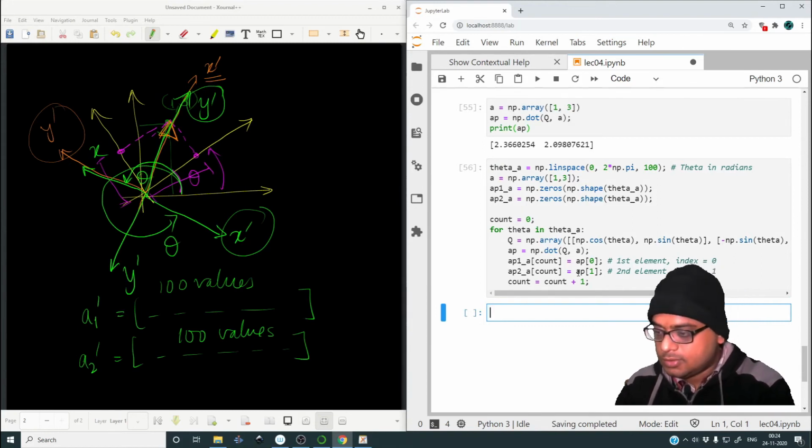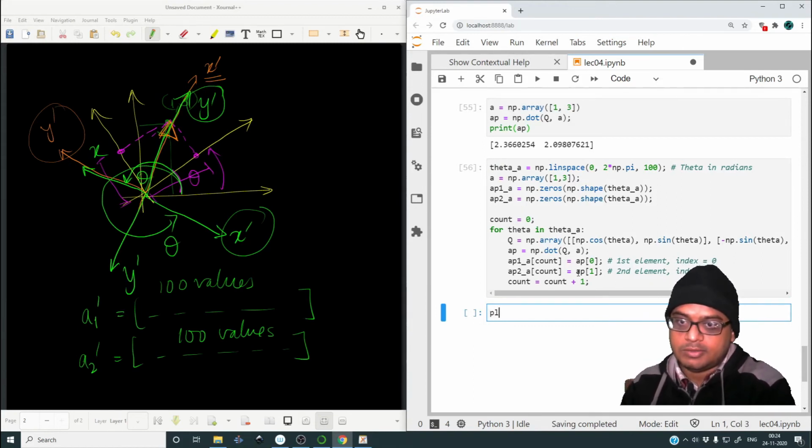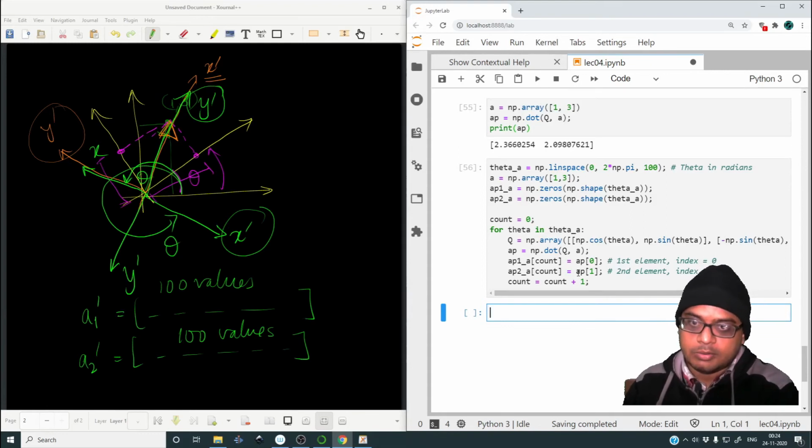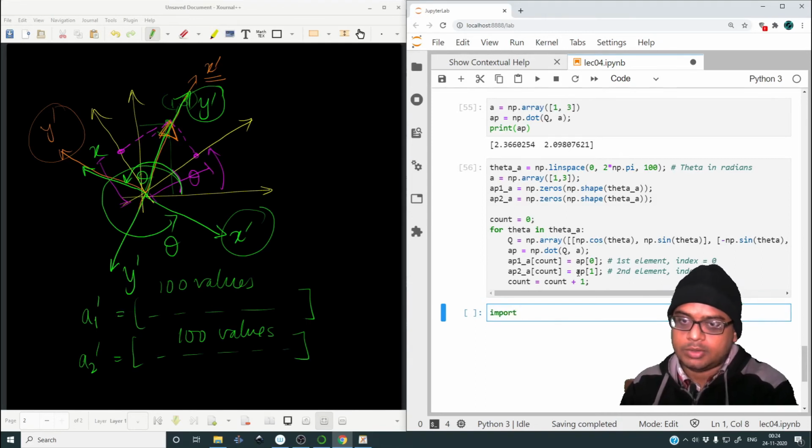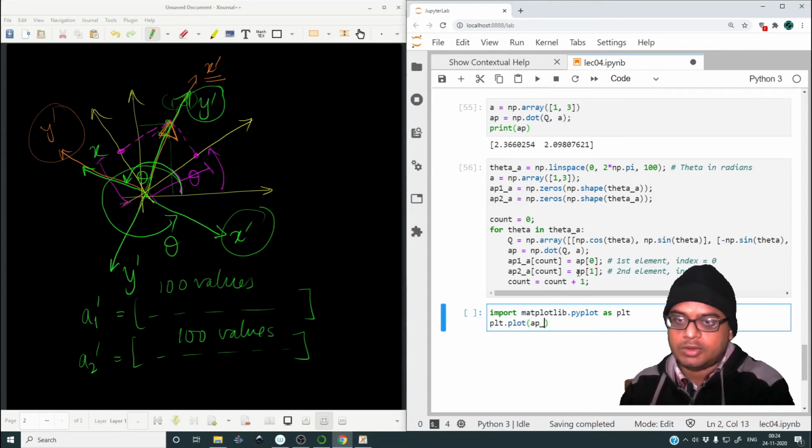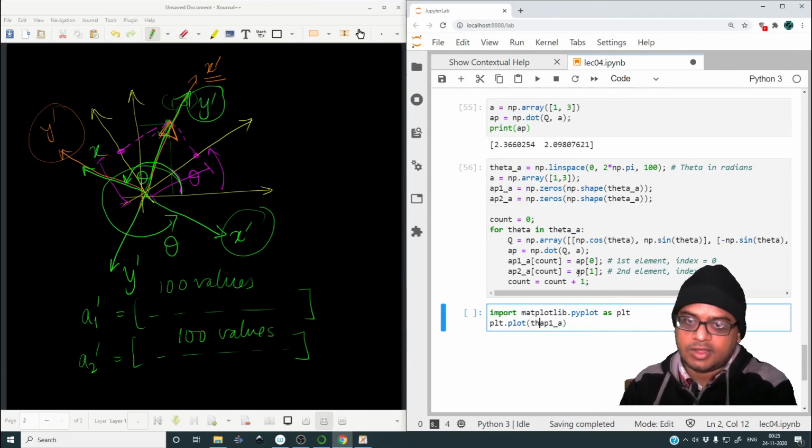Okay, so now let us plot. First we have to import the plot functions: import matplotlib dot pyplot as plt. Then plt dot plot ap1 underscore a, and on the x-axis we will have theta.